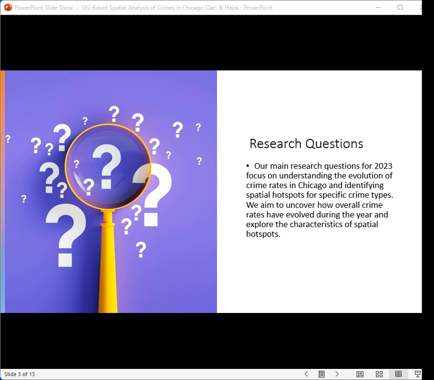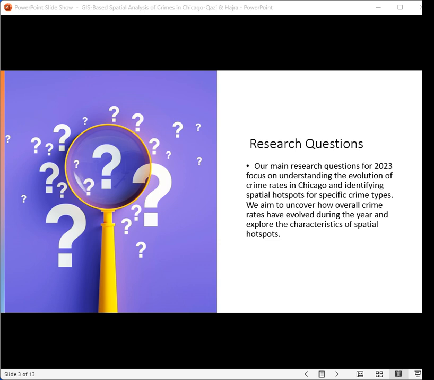Furthermore, where are the spatial hotspots for specific types of crime, and what are the unique characteristics of these hotspot areas?